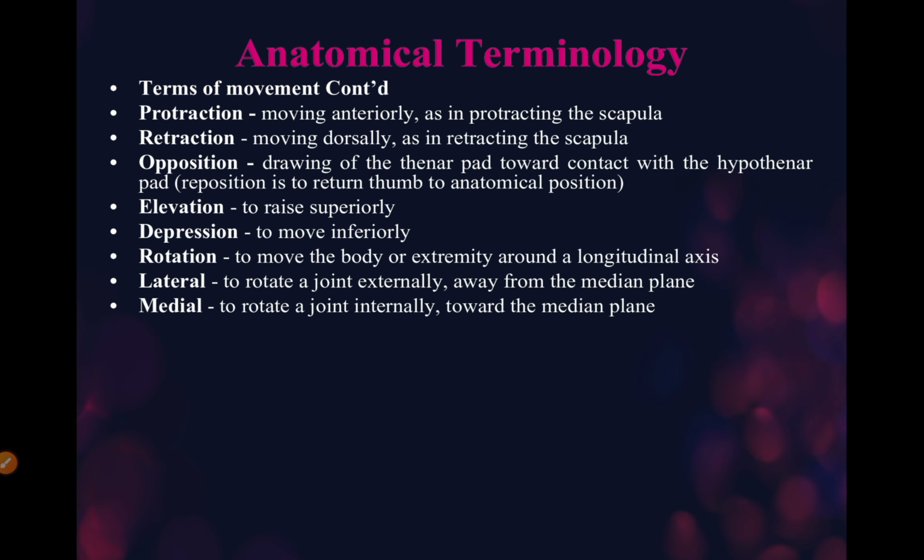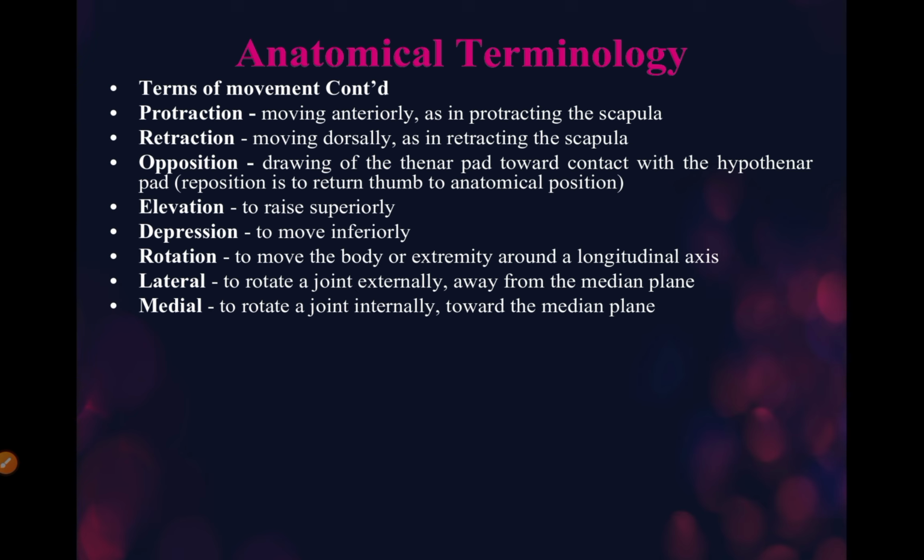So when you say something is medial, it is rotating towards the median plane. Lateral is outward from the median plane. Example, we have the eye and the ear. Remember that the median plane is the imaginary plane that divides the body into two equal left and right parts, from the head to the tail. The eye is said to be more medial and the ear is said to be more lateral.